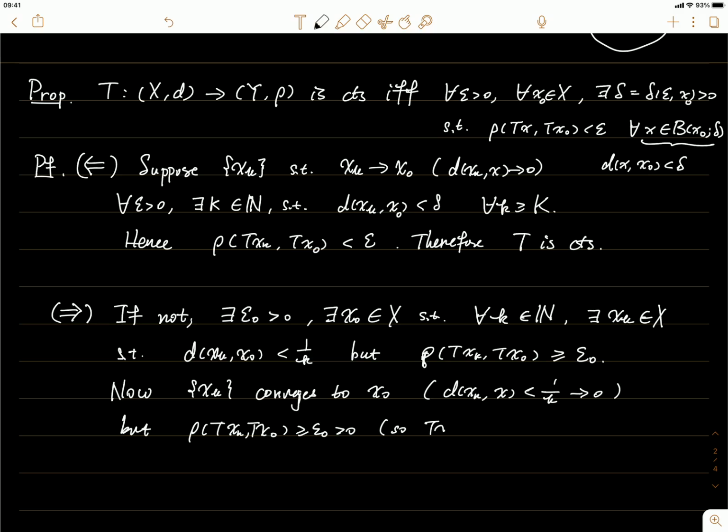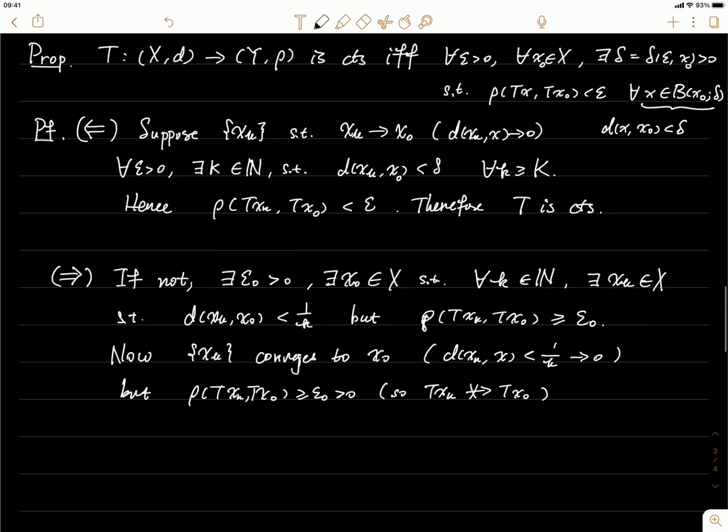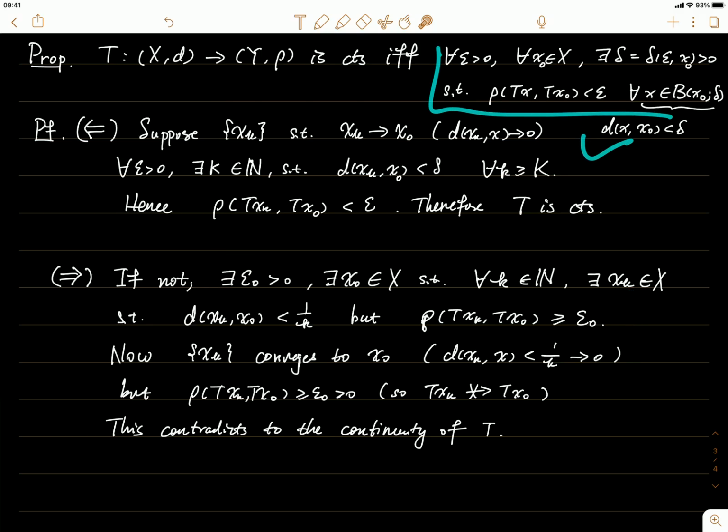So this T xk is not really converging to T x naught. And that is a contradiction to the continuity of T. And that is why this thing cannot happen. We cannot really have this. And that means this statement right here is correct.